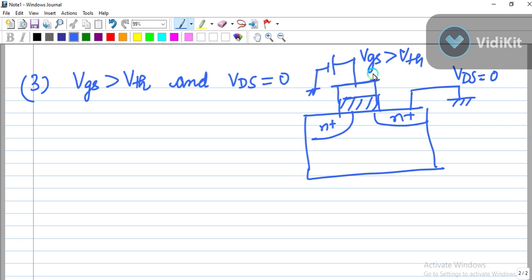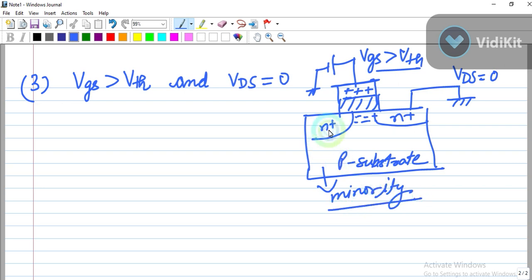Since VGS is greater than VTH, there will be the formation of free negative charge carriers, and these negative charge carriers will come from the minority carriers in the P substrate, or from the source or drain. Okay, from those places they will come.